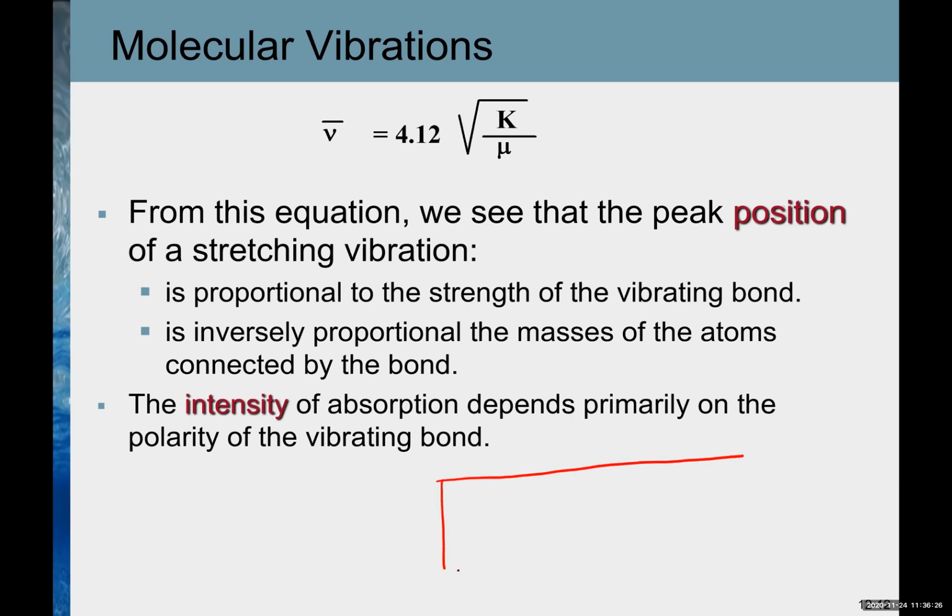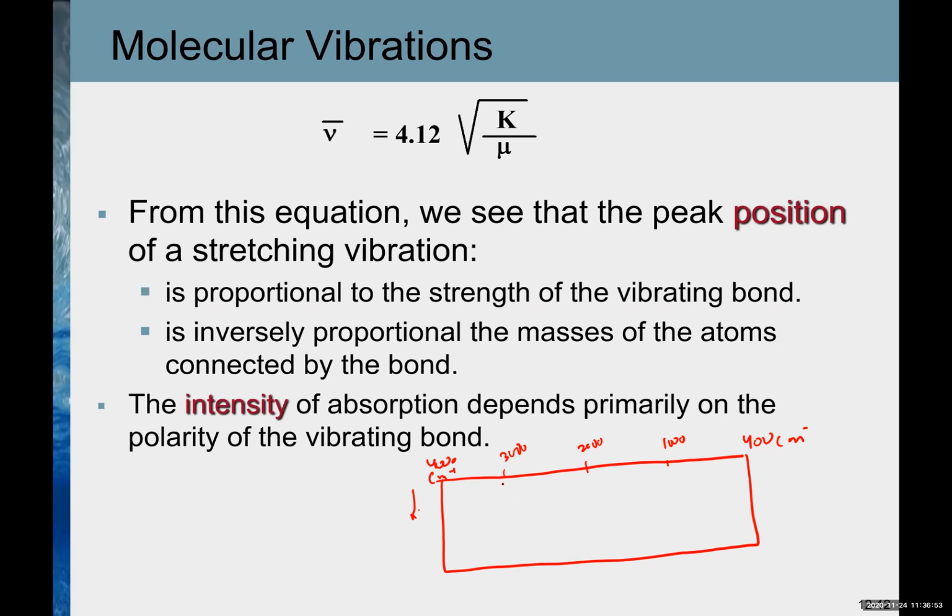Okay, so if this is our IR spectrum, 4,000 wave number, centimeter inverse, all the way down to 400, all the peaks will be within this range, and this axis is the transmittance. Now the position of the peak, so that's 2,000, that's 1,000, 3,000.